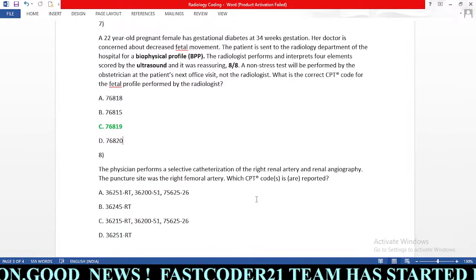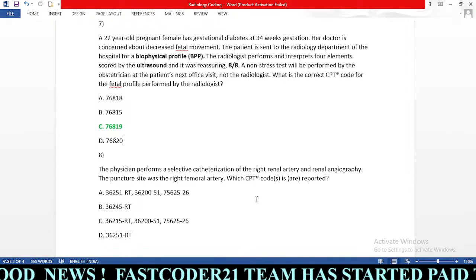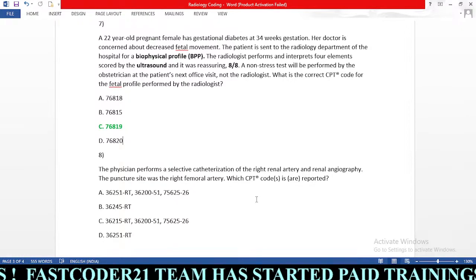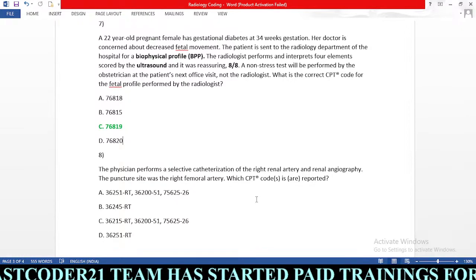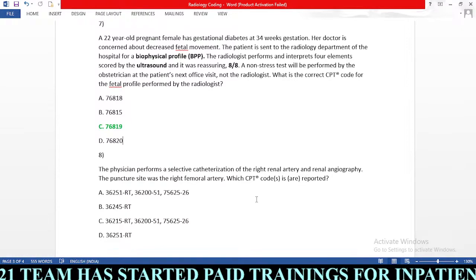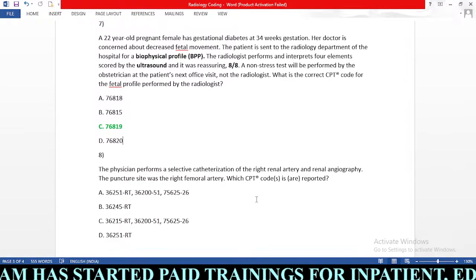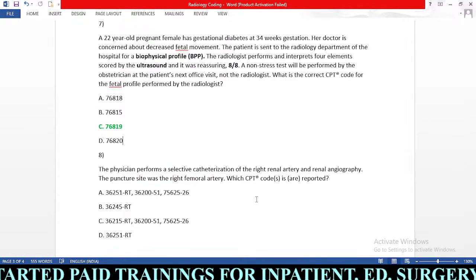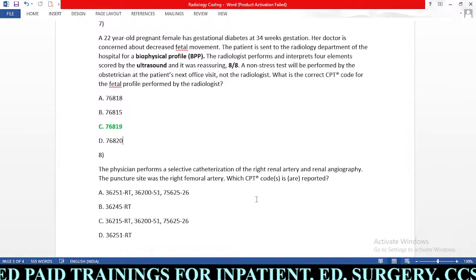You are doing good. So basically, the eighth question comes under interventional radiology. Whenever a physician uses a procedure as well as radiology, we need to consider it as interventional radiology.